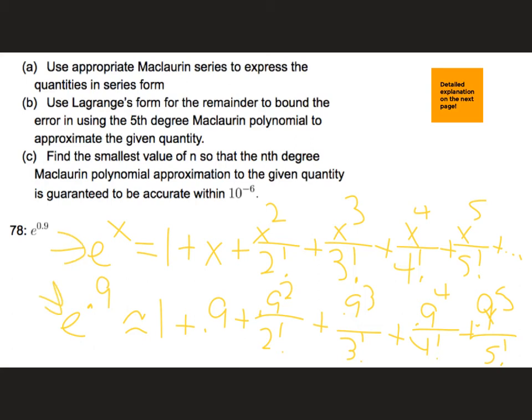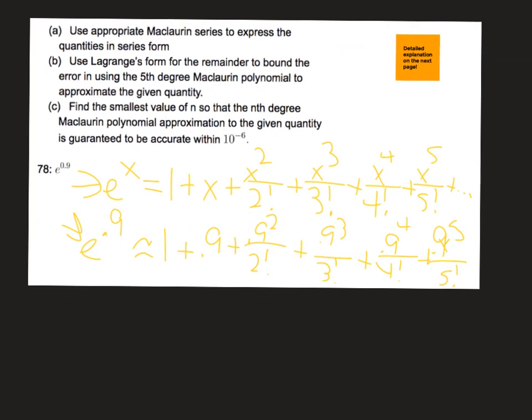To figure out the Lagrange form for the remainder, I have to think about what the derivative looks like. So the 6th derivative looks like e to the x. And then I've got to do x minus the center, but that's just x, and then over 6 factorial.